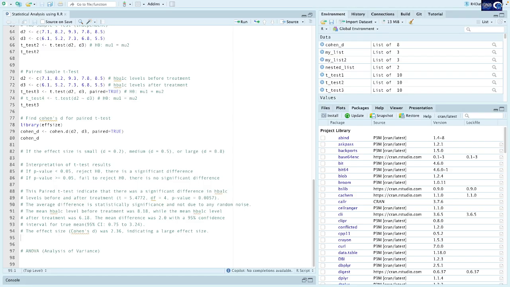Now we will check the independence of residuals. For that we will use the Durbin-Watson test. Then for multicollinearity, we will use the VIF, variance inflation factor. Model contains fewer than two terms.